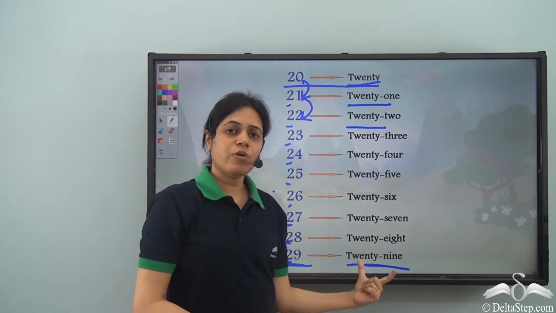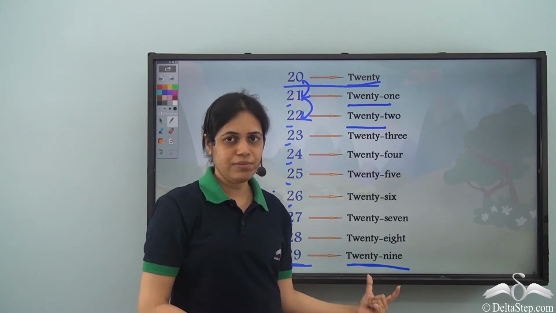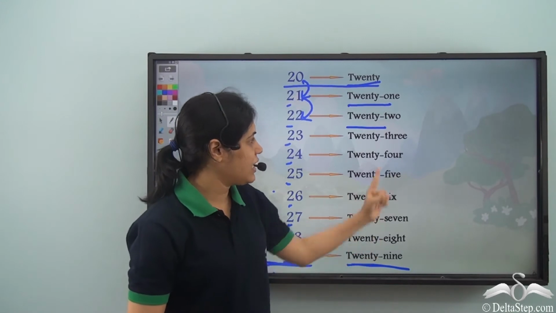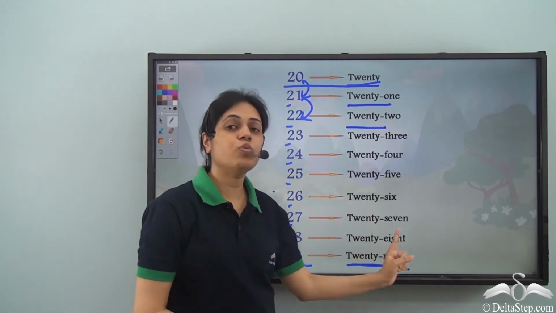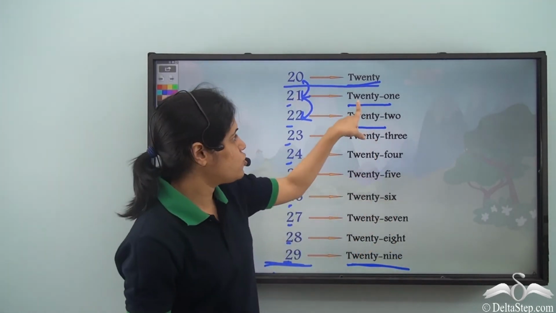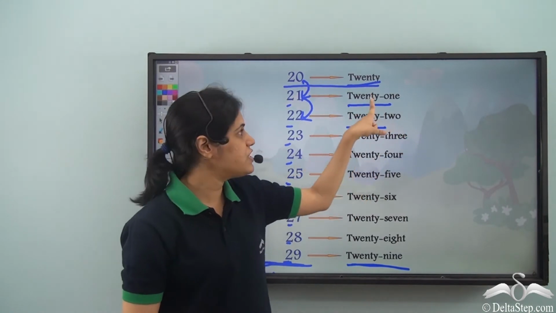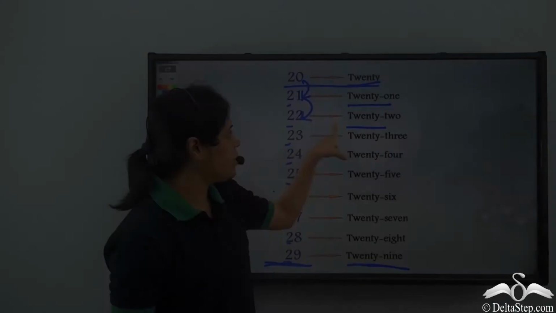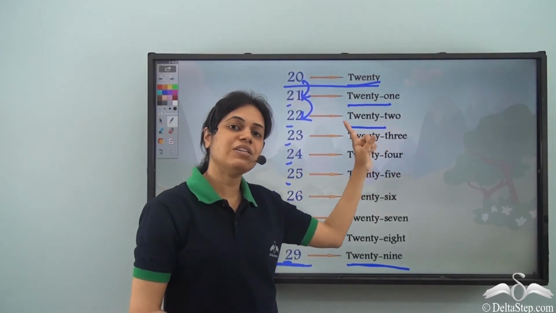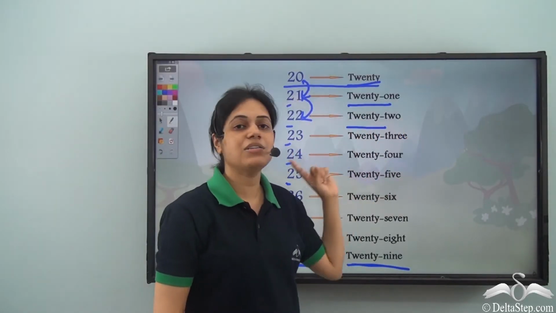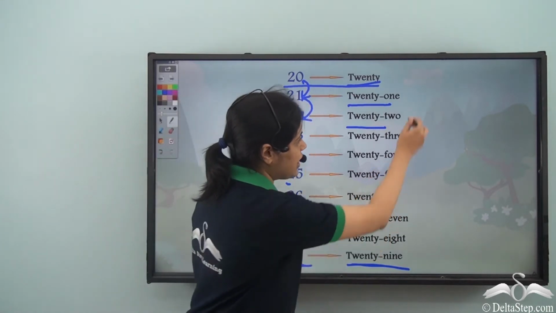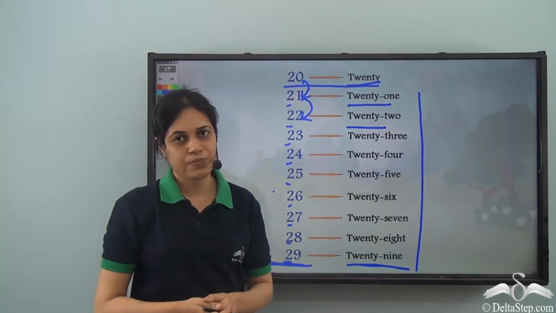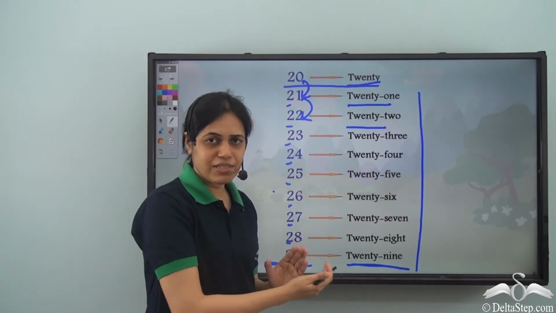So what's the important thing which we have to notice here? Well, after 20, the number names have two parts, right? So 20 and 1. First part is 20, second part is 1. In 22, the first part is 20, the second part is 2. So the number names consist of two parts. So how can we better understand this?